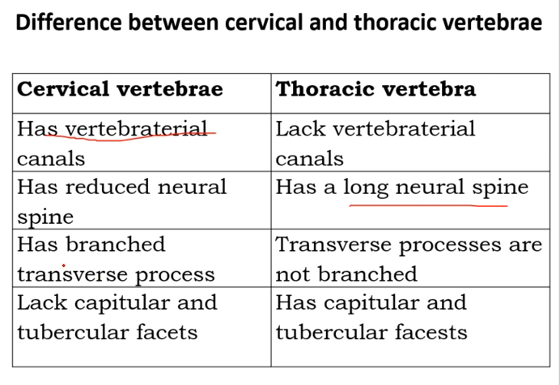Cervical vertebrae have a branched transverse process, while in thoracic vertebrae the transverse processes are not branched, instead they are short. Then cervical vertebrae lack capitular and tubercular facets, while thoracic vertebrae have capitular facets for articulation with the capitulum of the rib, and the tubercular facets for articulation with the tuberculum of the rib.